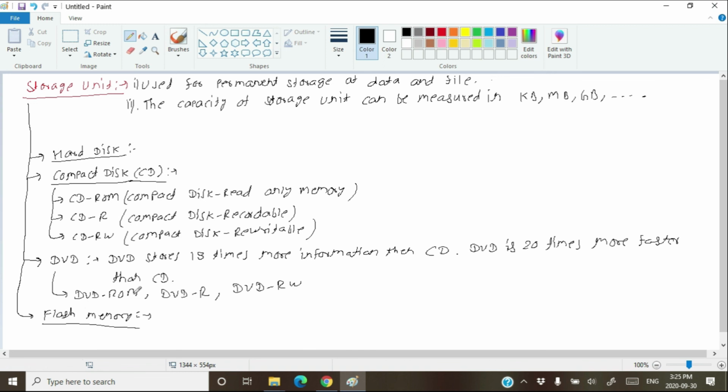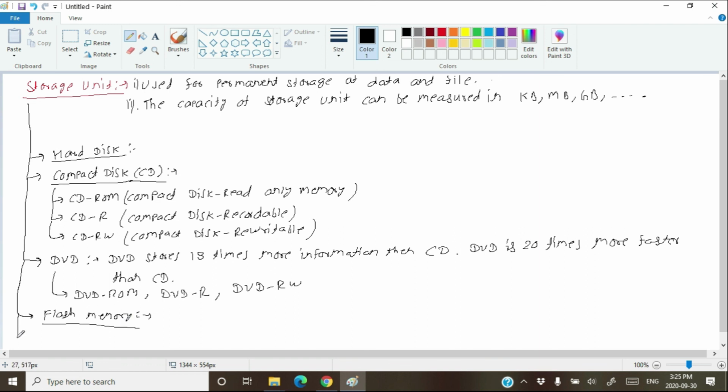That means there is something spinning in your hard disk, in your compact disk, and in your DVD, but there is nothing which spins in the flash memory. Since your book is not talking about SSD, I am also not talking about it because I am going through your class 11 syllabus. So this is the flash memory.